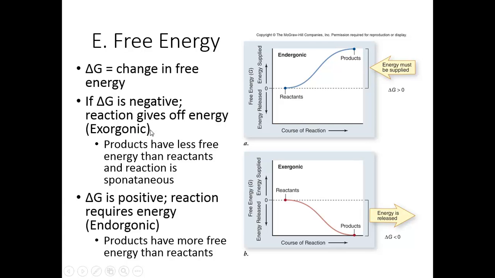We use exergonic reactions to release energy in cells, and then that energy is used for whatever function of the cell. It could be movement, or it could be photosynthesis, whatever. When we want to store energy, we have to put energy into a reaction, and those are usually endergonic reactions.